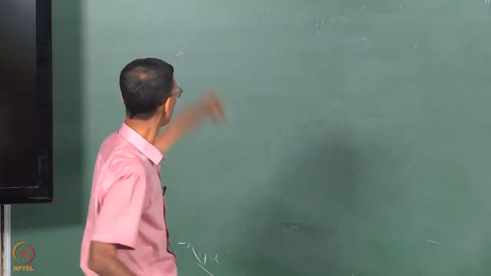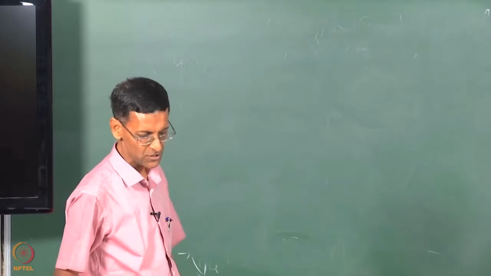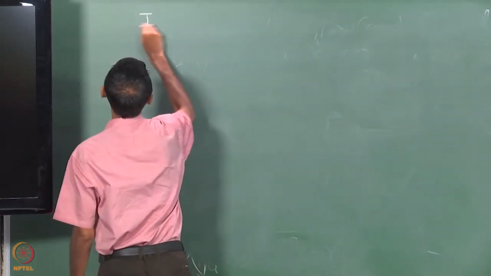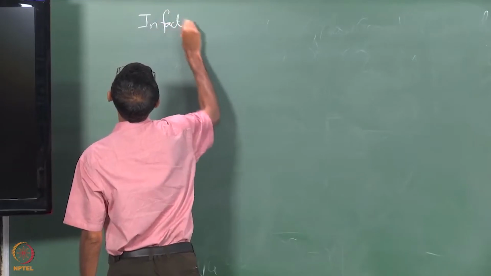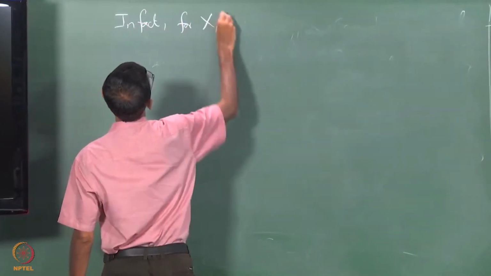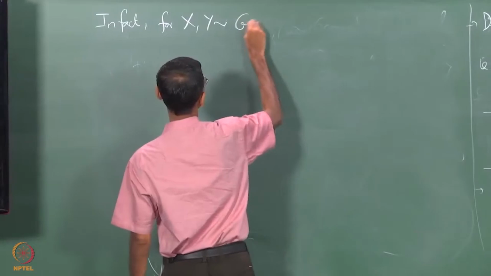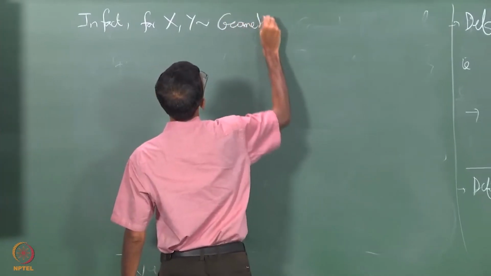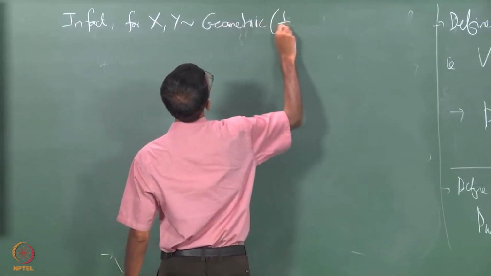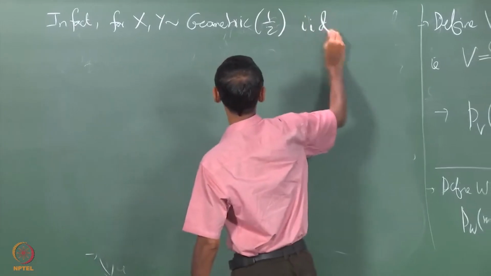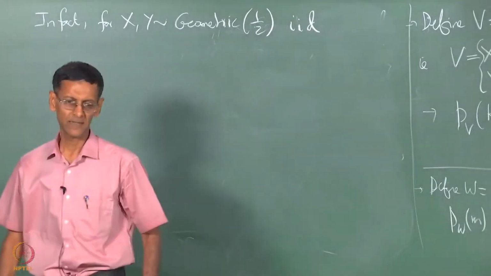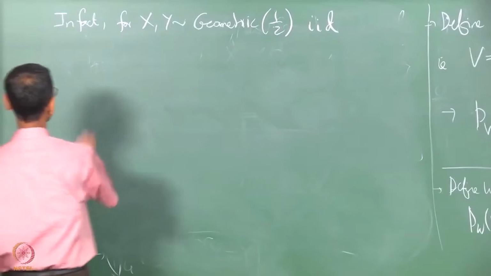The same case of x and y being independent geometric IID half. I wish I hadn't erased all this, but anyway. This geometric half IID has some very interesting probabilities.